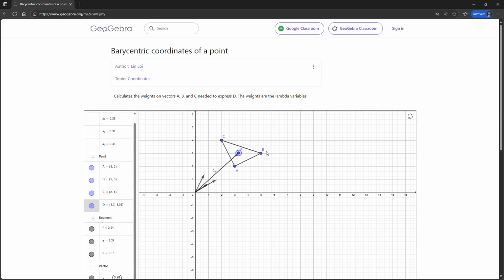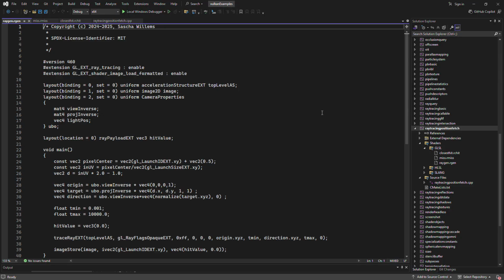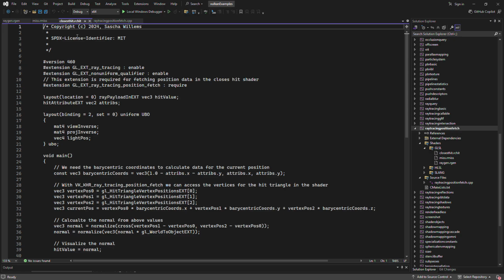But to get the actual coordinate data for the triangle is more computationally expensive, and you sort of have to do a bunch of stuff in order to get that vertex data. This is why in our example, Vulkan provided a feature.